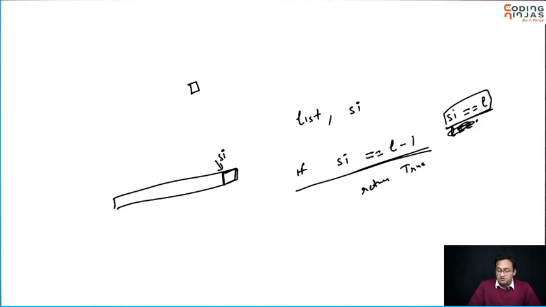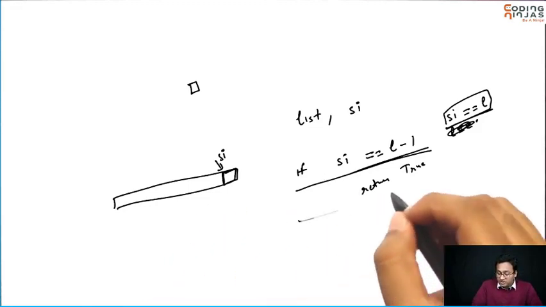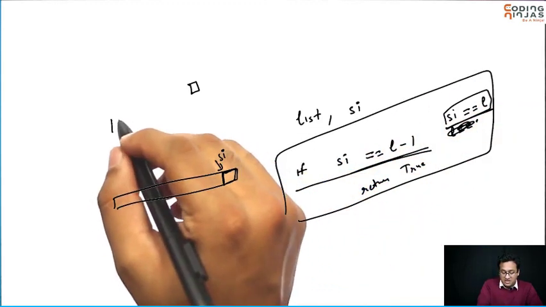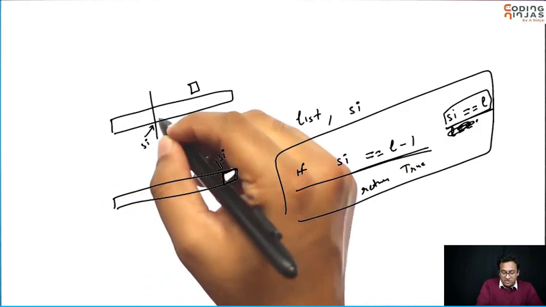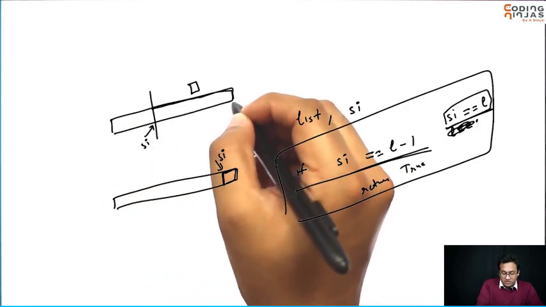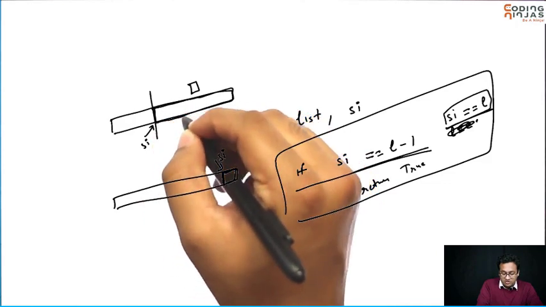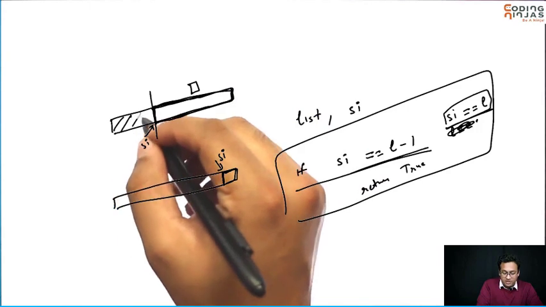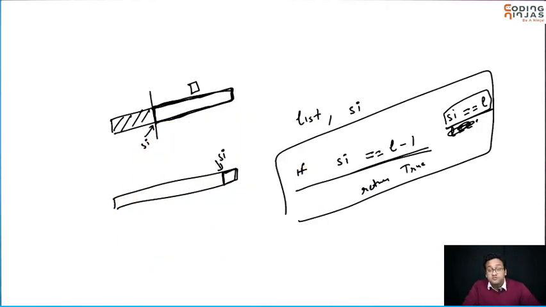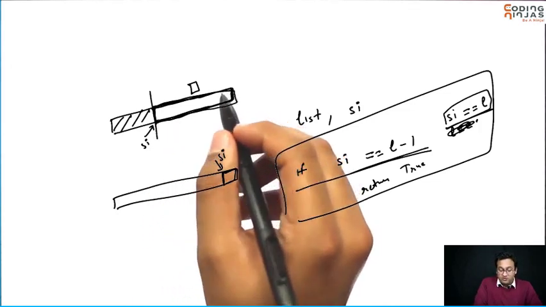And if that's not the case, that basically means I have a list, you have given me a starting index and I need to check from here to here if the list is sorted or not. I'm not going to worry about this part. We'll apply exactly the same logic on this smaller part. So what was our logic?